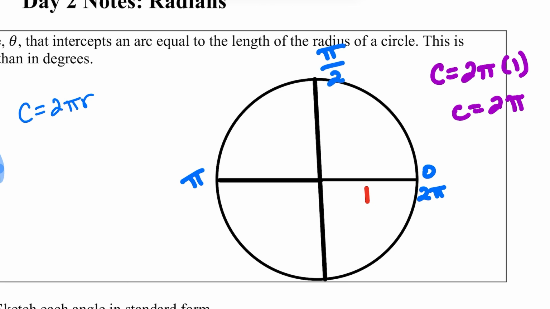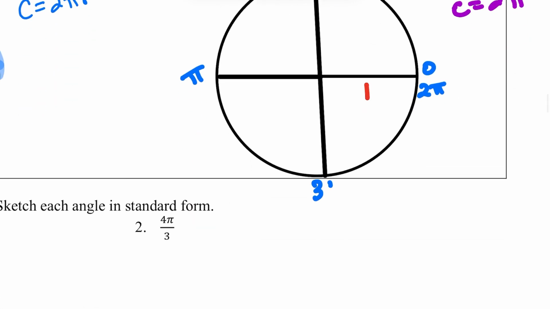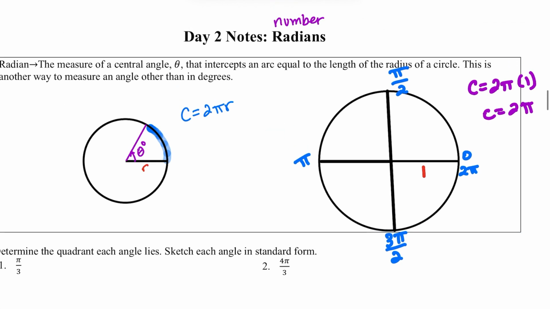If I go down, that's going to be 1.5 pi, or 3 pi over 2. So in radians, this is almost the exact same thing that we had as 0 degrees, 90 degrees, 180 degrees, 270 degrees, and 360, but these are in terms of radians. So everything that we had in degrees, we're also going to be able to do in radians.